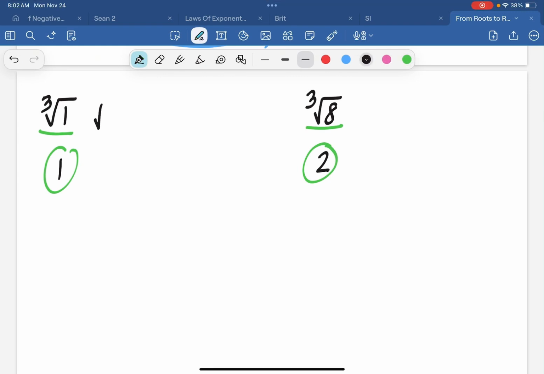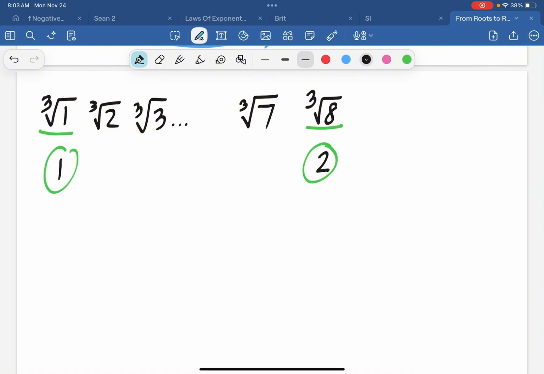Which means we have the cube root of 2, cube root of 3, up until the cube root of 7. These numbers in between the cube roots of perfect cubes are all irrational numbers.